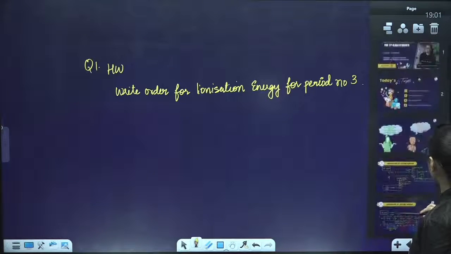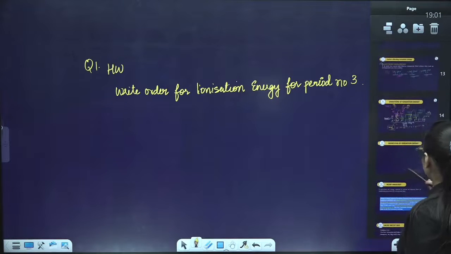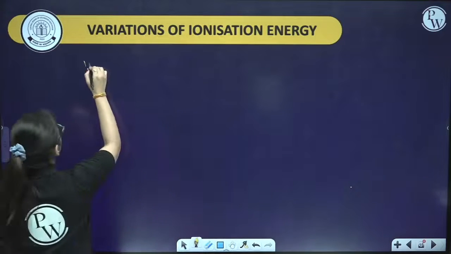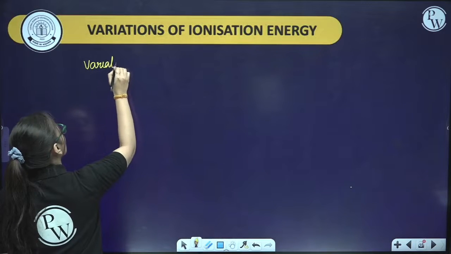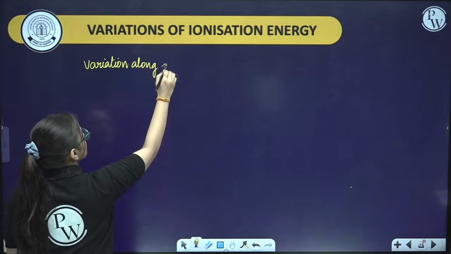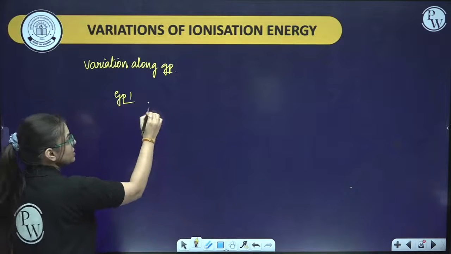Sorry. Coming back to our topic now. Now comes the variation along the group. See, in a group it is very simple. If I am talking about group number 1 and 2, it's very simple.